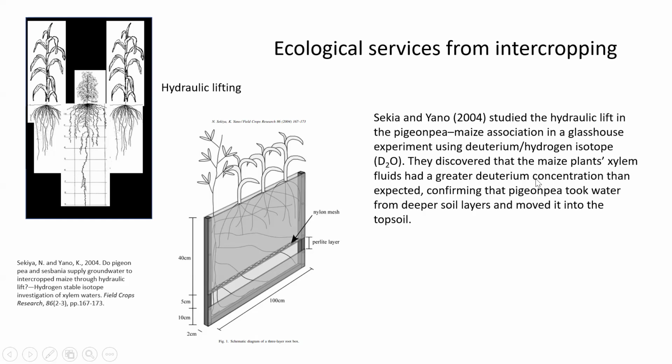And so they're using deuterium, which is a labeled oxygen, and that allows the researchers to know where that water is coming from. So hydraulic lift means water is being brought from deeper in the profile up to the surface and then shared with other plants or shared with soil microbes, which also need water.